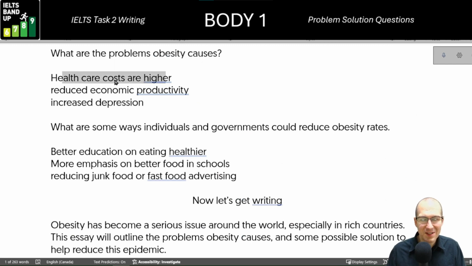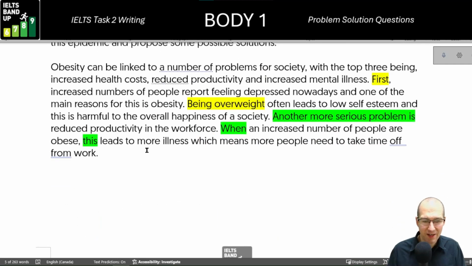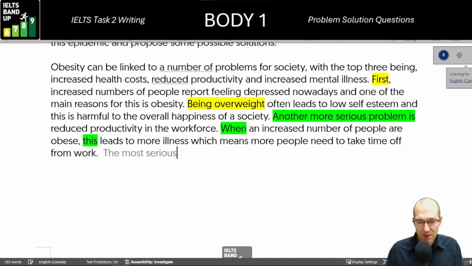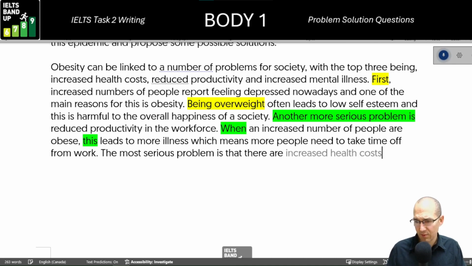Okay? Next one is healthcare costs are higher. The most serious problem is that there are increased health costs, period.